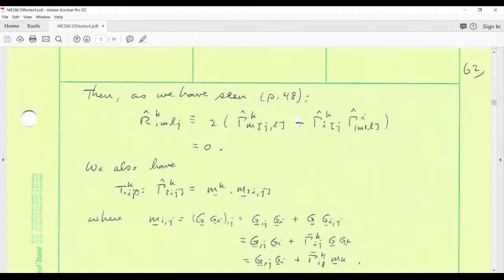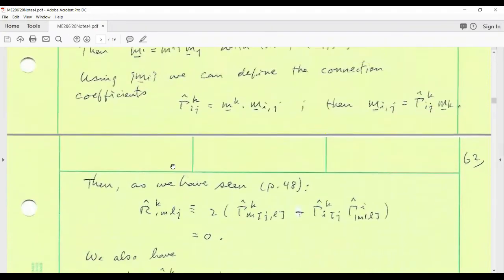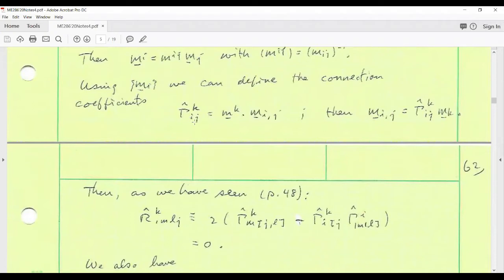However, it has a non-zero torsion, because of the skew part of the connection in the lower subscripts. If the M_i were the partial derivatives of some position field, this would be the comma ij of that, and then you would have symmetry in the subscripts, but that's not the case here.